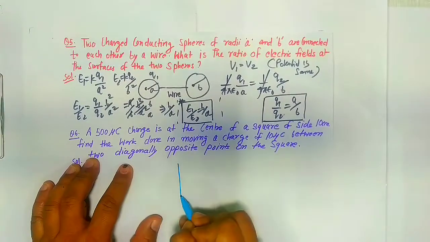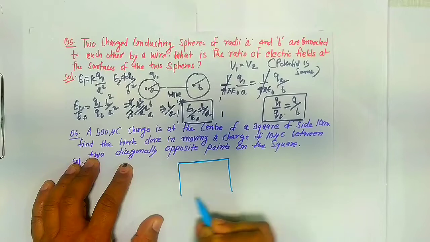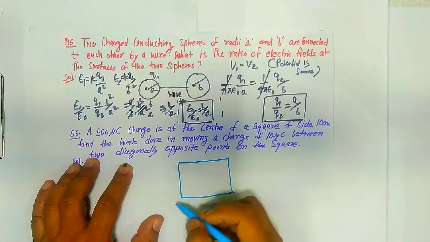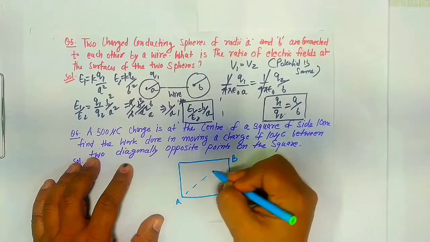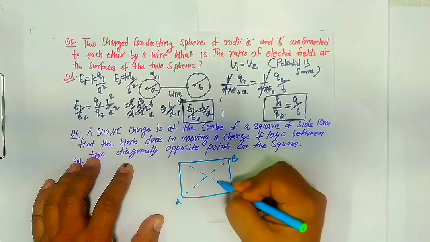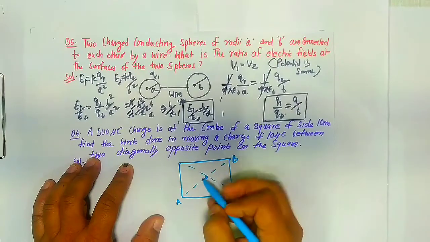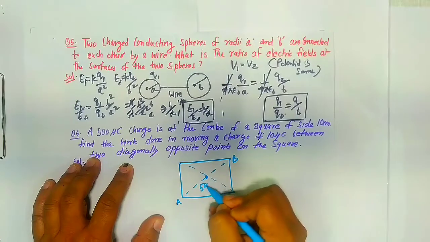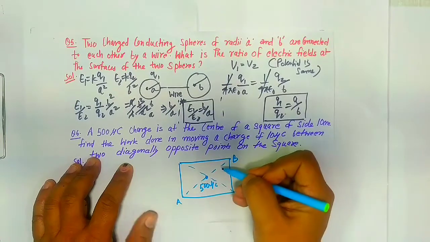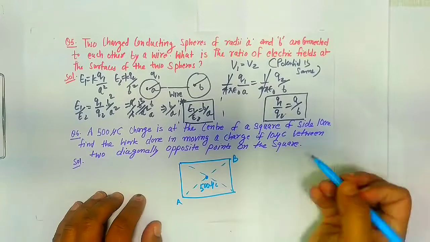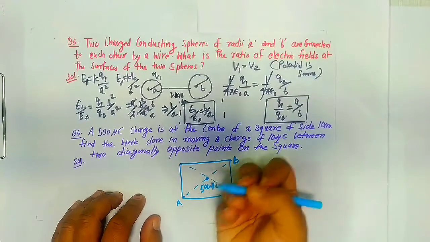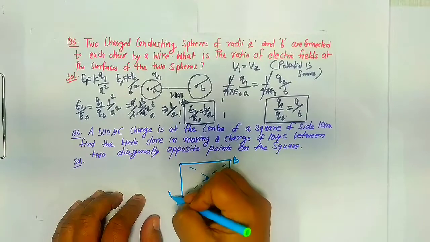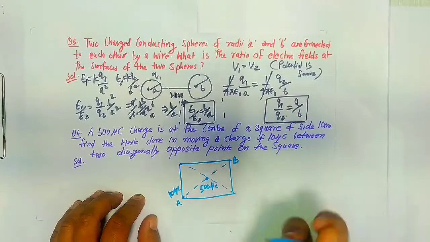Now, if I have a square like this, and say these are the 2 points which are diagonally placed, and at the center we have 500 microcoulomb, and we are taking one charge 10 microcoulomb from A to B.